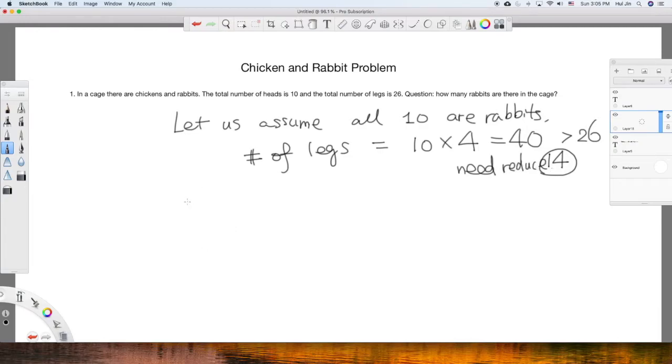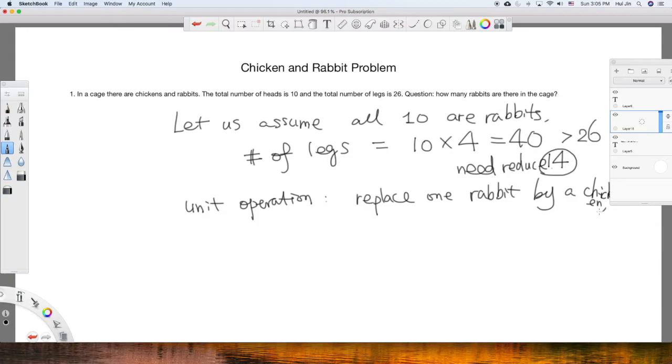Now think about this unit operation. By replacing one rabbit by a chicken, the change in the number of legs equals: you take out the 4 and you put a 2, because you're taking out the rabbit and putting in a chicken.